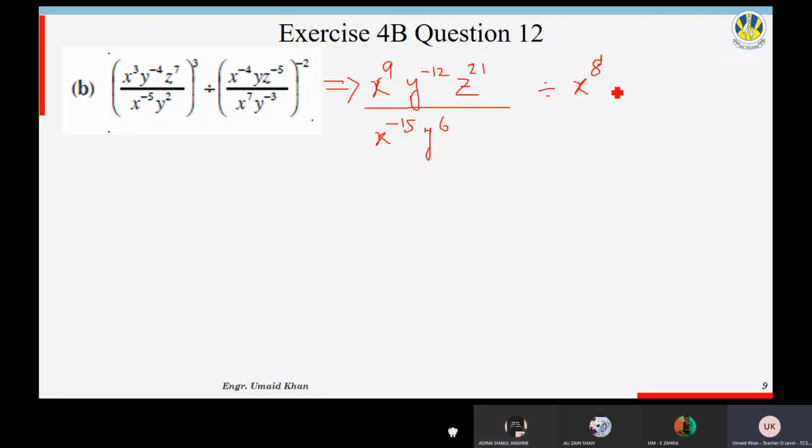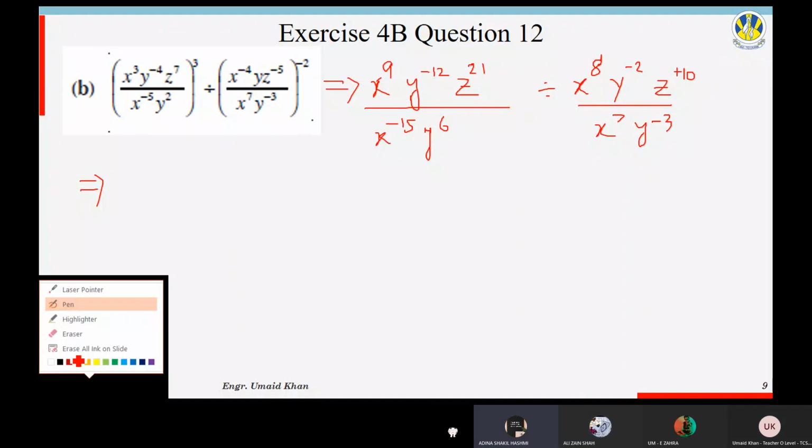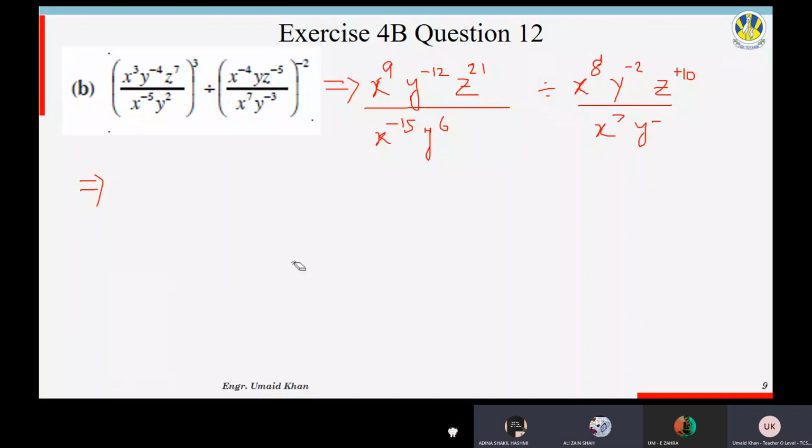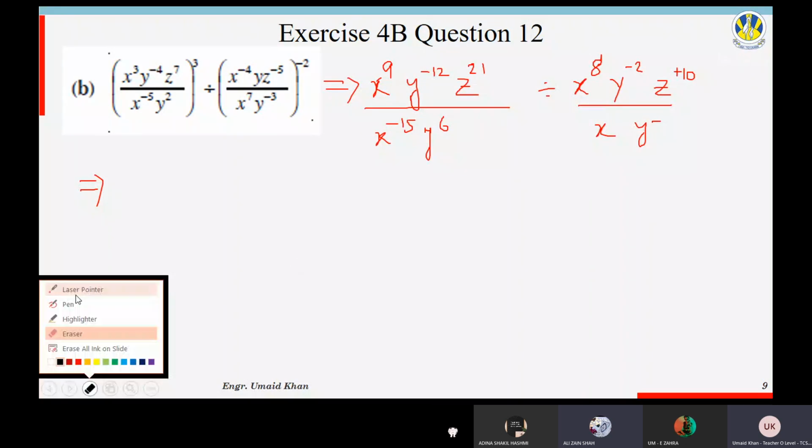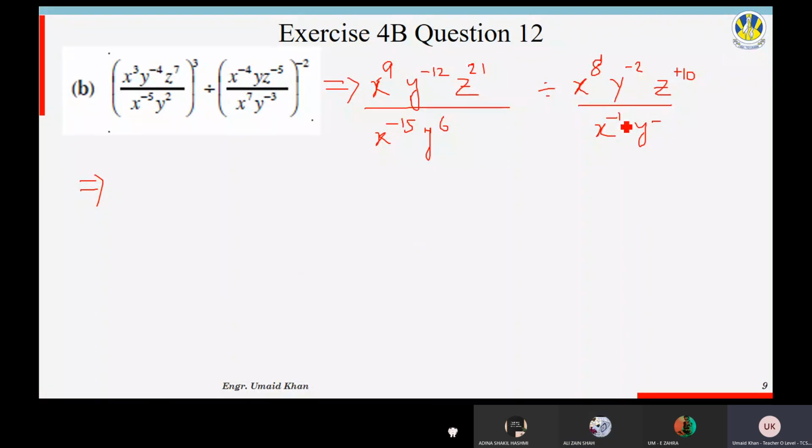X will be raised to the power 8, y will be minus 2 and z will be raised to the power 10. x to the power minus 14, y to the power 6. Okay, that means you are attentive. X will be minus 14, y will be plus 6.